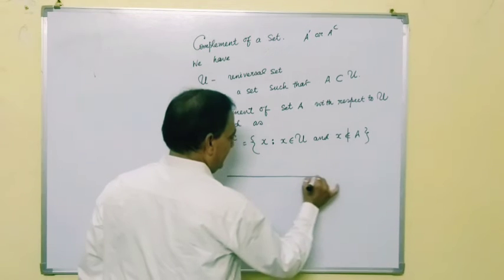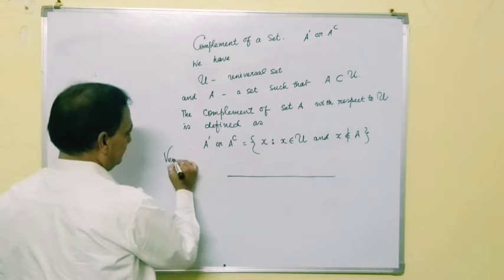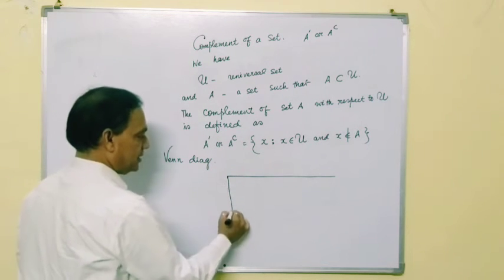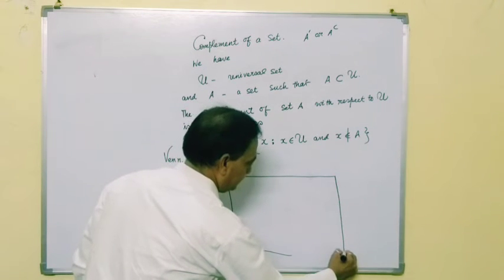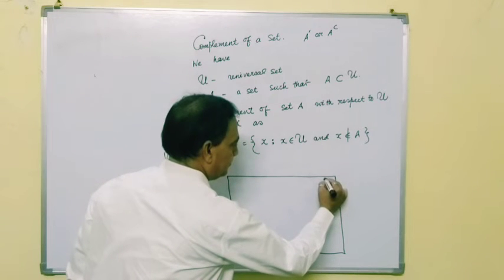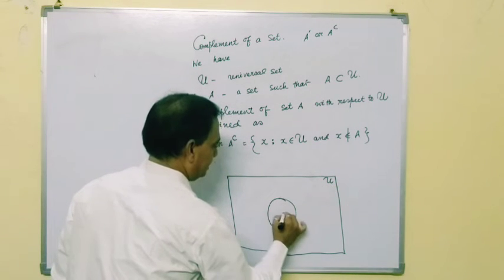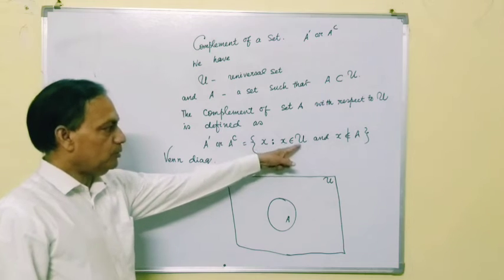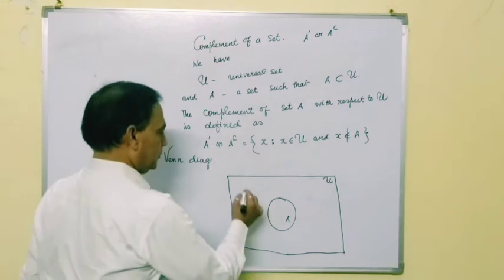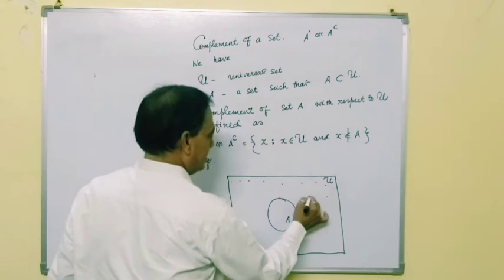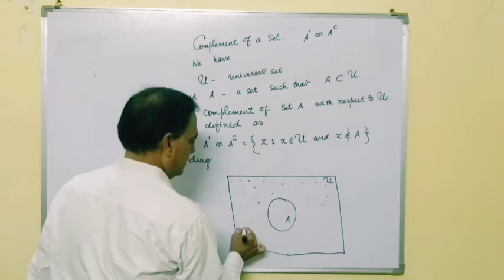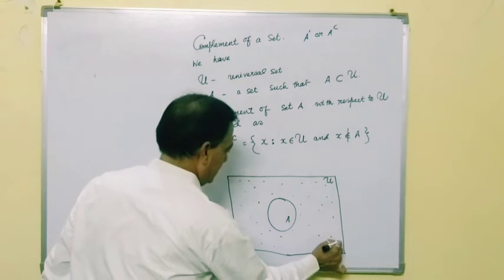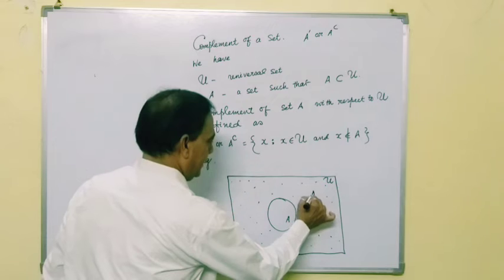Venn diagram में इसको देखेंगे. In the Venn diagram, this is universal set U, this is set A. X belongs to U but not in A. So all these elements belong to A complement.